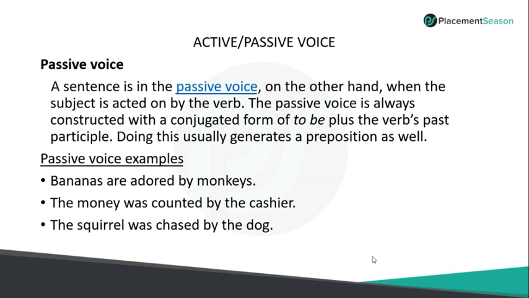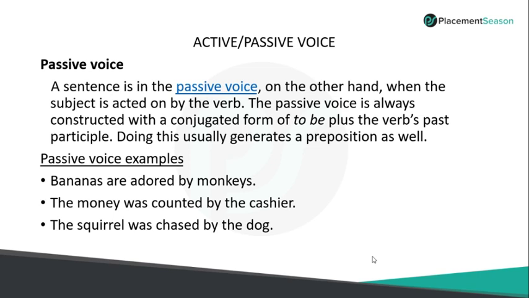To be is generally used in different forms with the verb's past participle. You have to remember that when you convert, always look into the past participle form. Doing this usually generates a preposition as well. So this is where you have to be very careful.